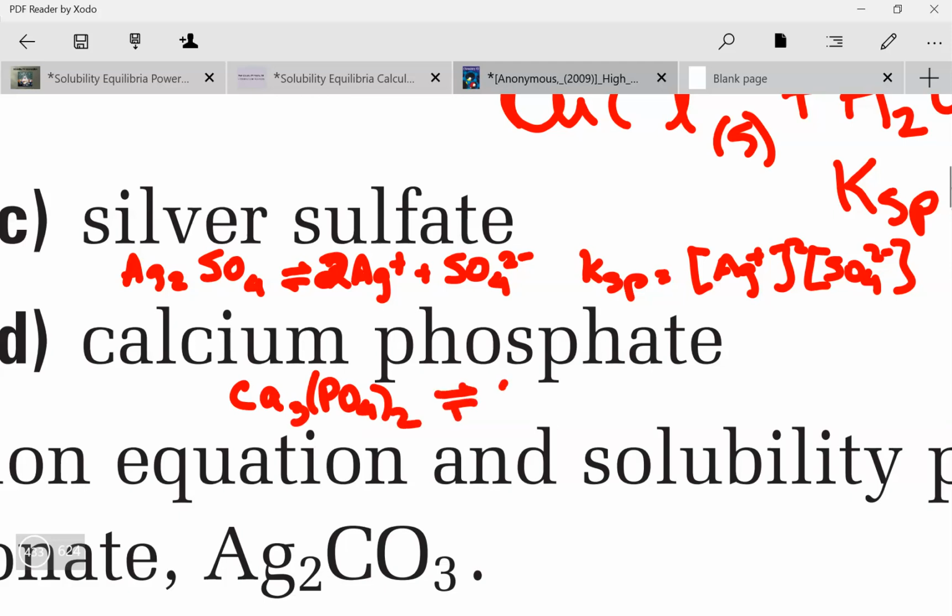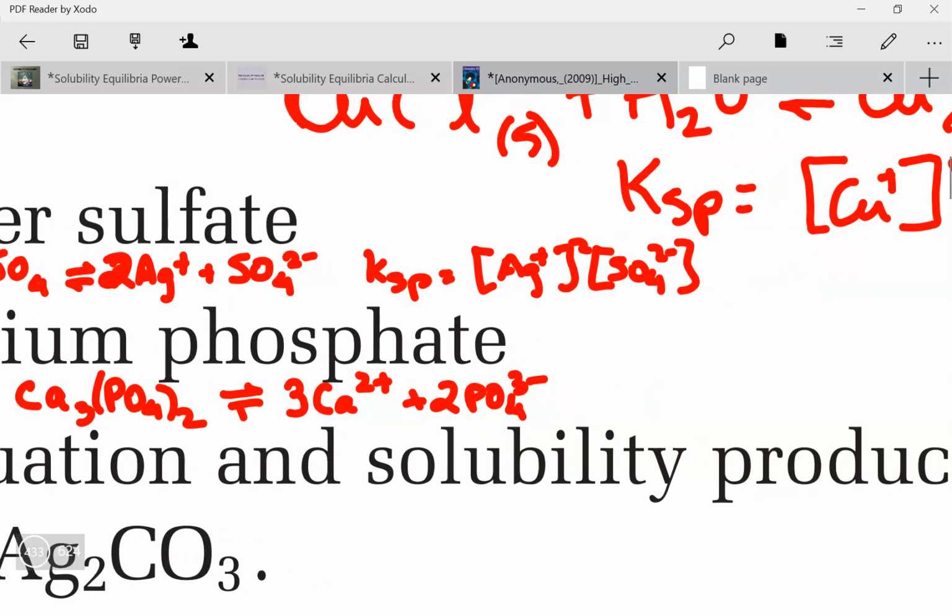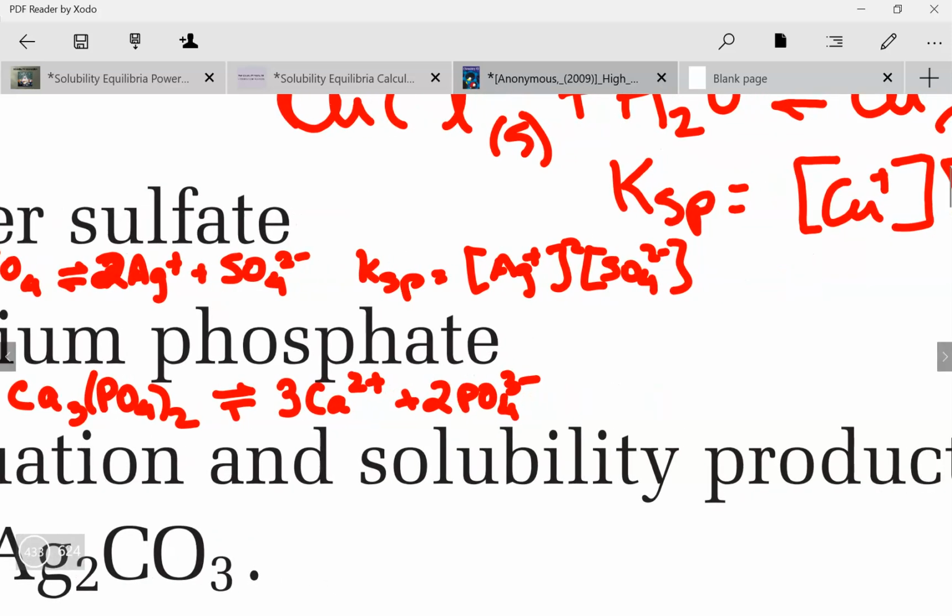And again, I'm assuming that you're good with the crisscross method and writing ions. We practiced this a whole bunch in grade 10 and 11. All ions are aqueous, so I'm not going to write that.